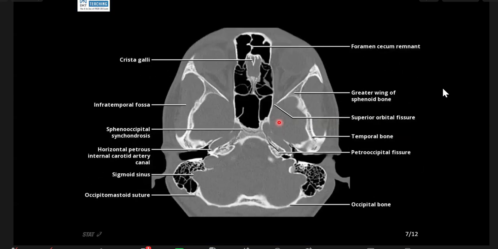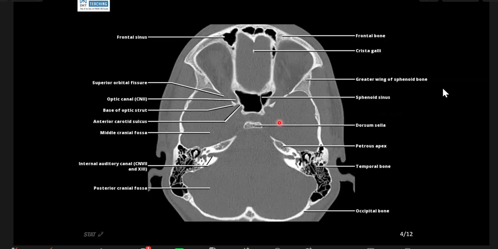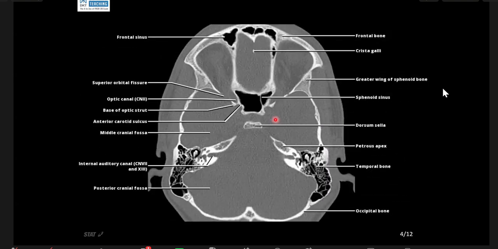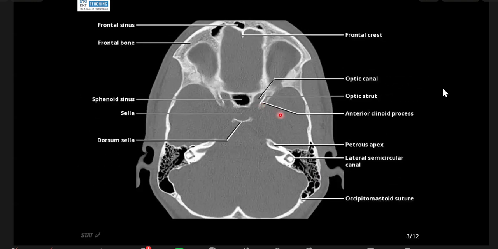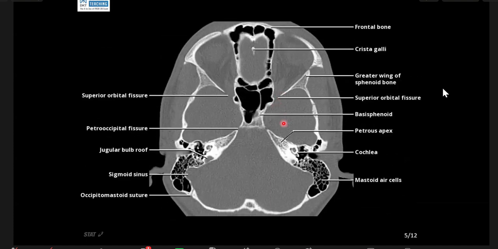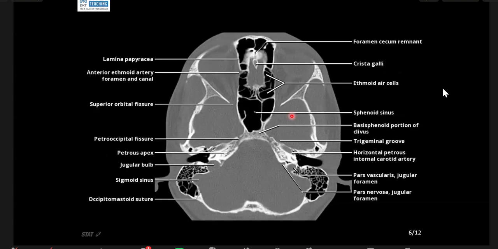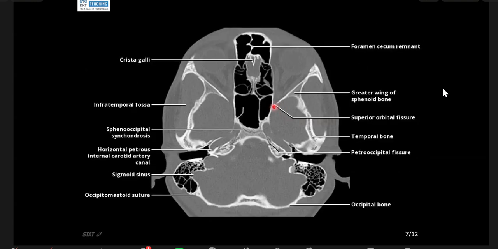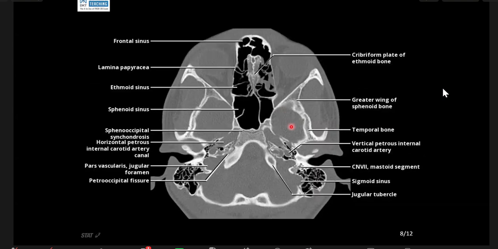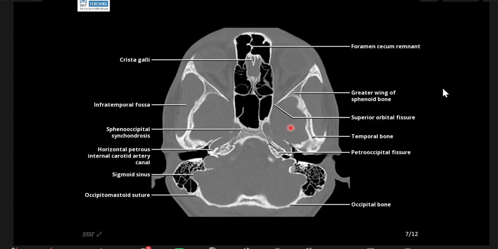Now, let's see the foramina around the sphenoid sinuses. Superiorly the optic foramen, slightly more inferiorly the superior orbital fissure, slightly further inferiorly will be our friend the foramen rotundum.